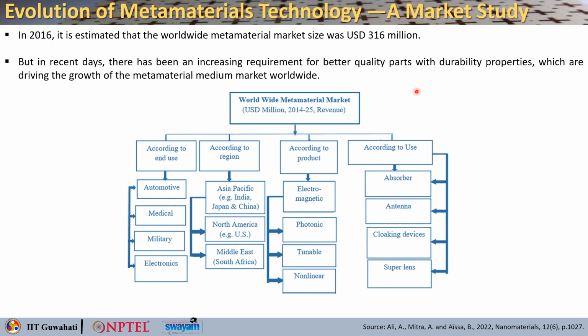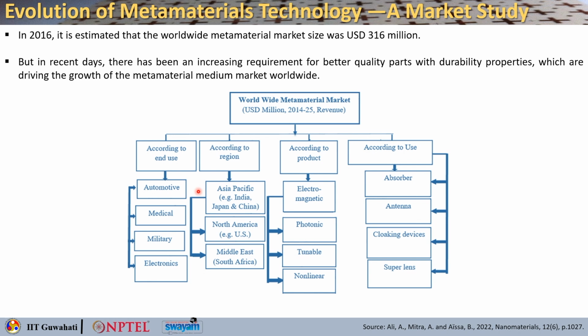That has also fueled the growth of the metamaterials market worldwide. So, Grand View Research has classified this worldwide metamaterial market by end use, different regions, product and finally based on their particular usage, which you can see from this figure.